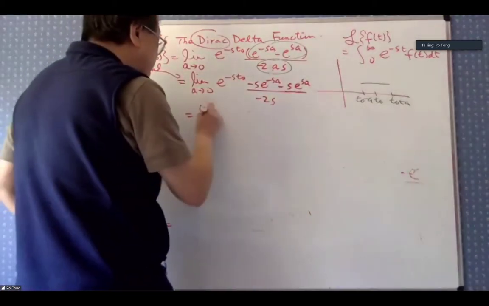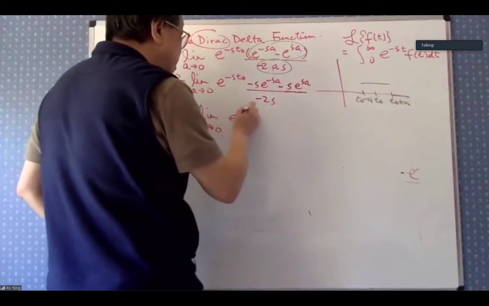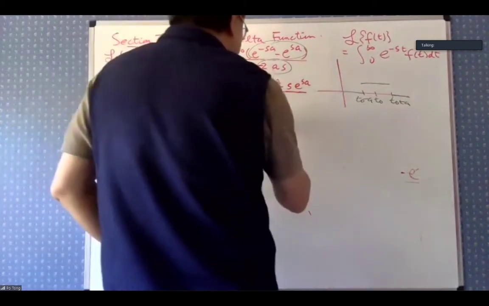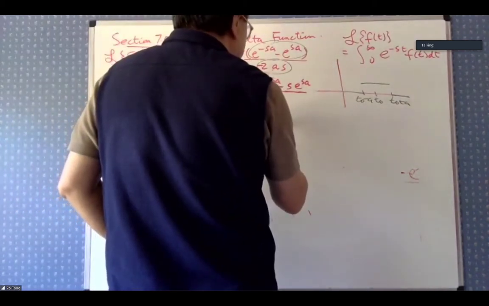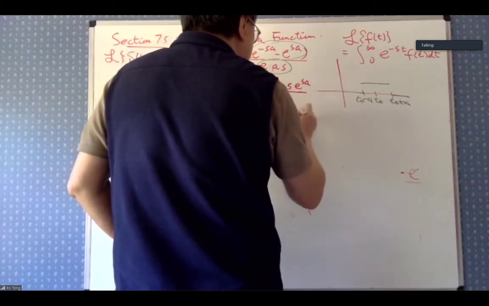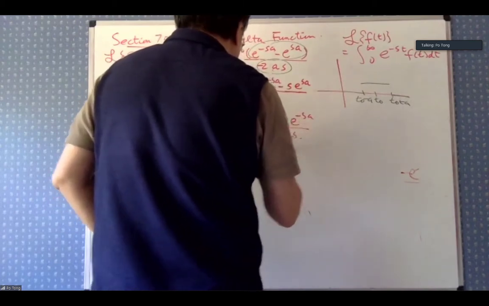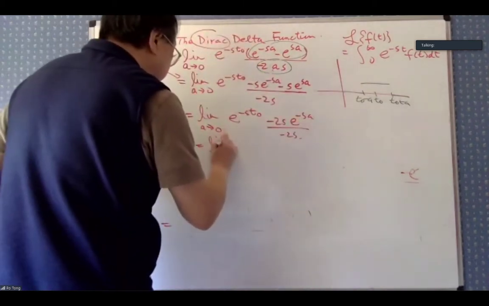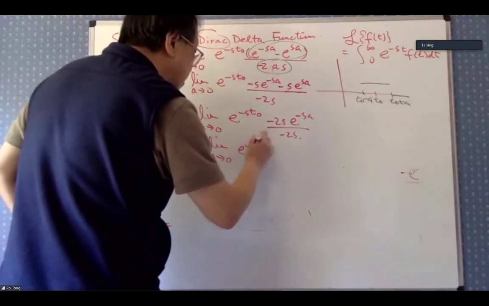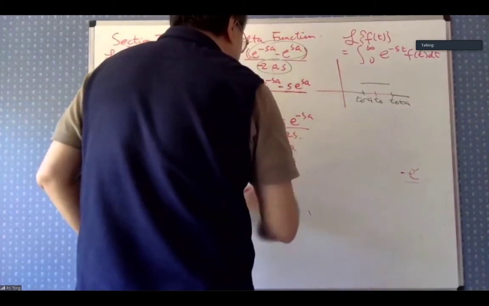So now we have the limit as a goes to 0 of minus s e to the power minus sa minus s e to the power sa over minus 2s.